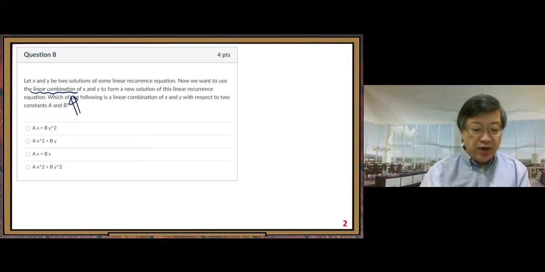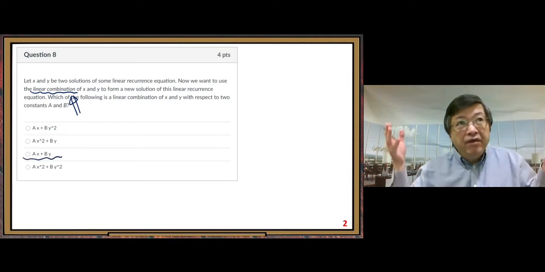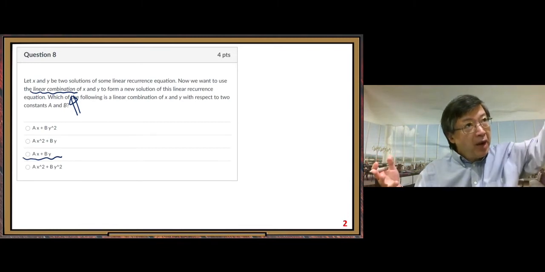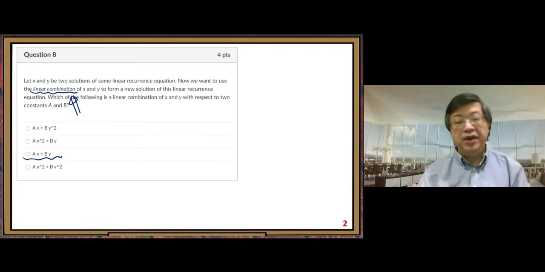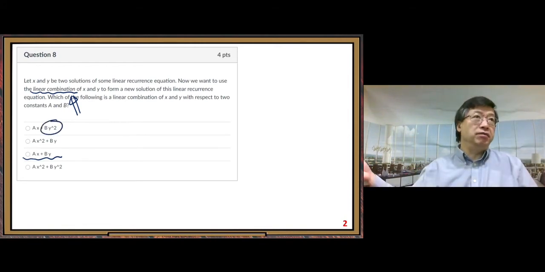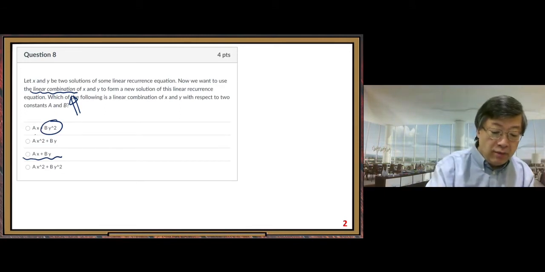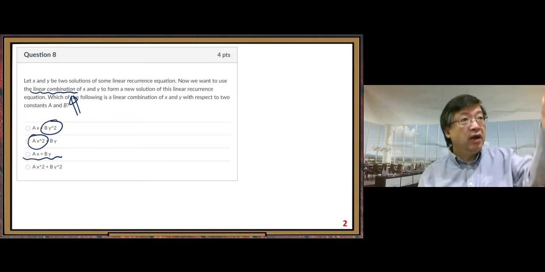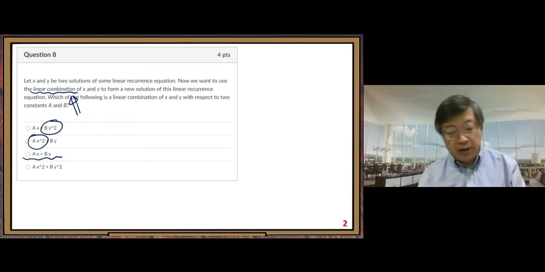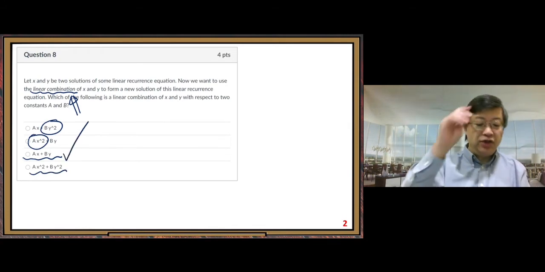So here in the option, ax times by, linear. So you do not have a nonlinear term. In each of the remaining options, you can find a nonlinear term. Option A, by squared, it's a nonlinear term. Option B, ax squared, nonlinear term. So the answer C is correct.